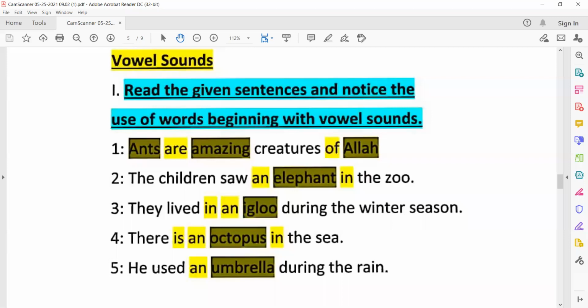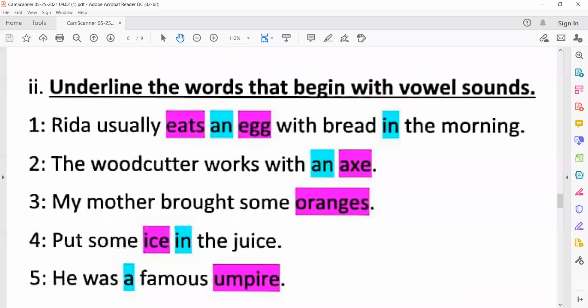Okay. Now look at the next slide. Underline the words that begin with vowel sounds. Is the screen visible to all of you?